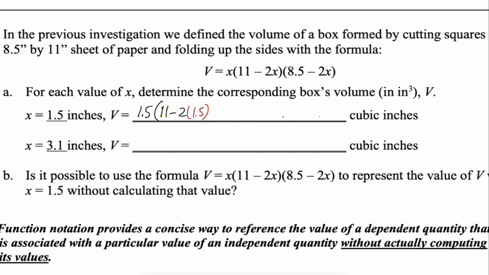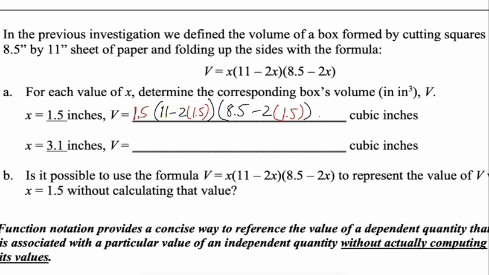Watch when you put it into that parentheses that you follow your order of operations. Minus 2 times 1.5. Wait a second, guys. Okay, and so what we get is what we see here.